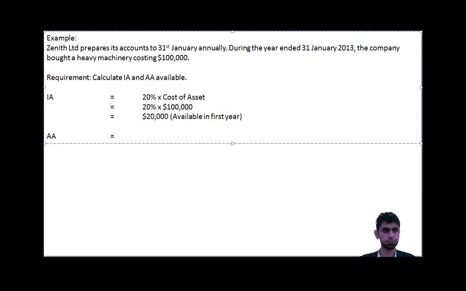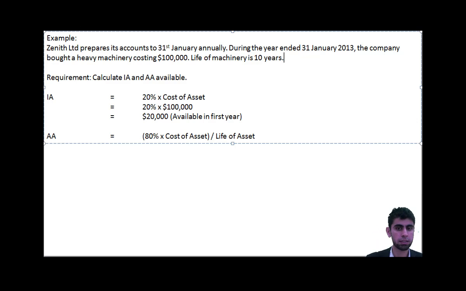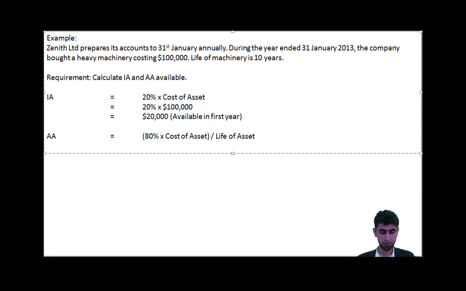Annual allowance is going to be 80% times cost of asset over life of asset. Let's assume here the life of machinery is 10 years according to the 6th schedule. So in this case, if the life of asset is 10 years, the annual allowance is going to be 80% times 100,000 over 10 years.